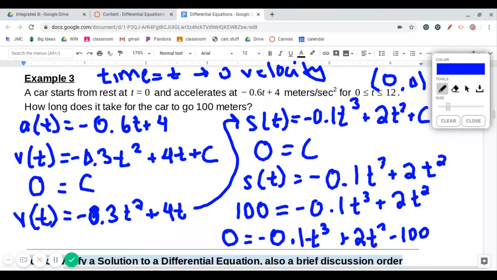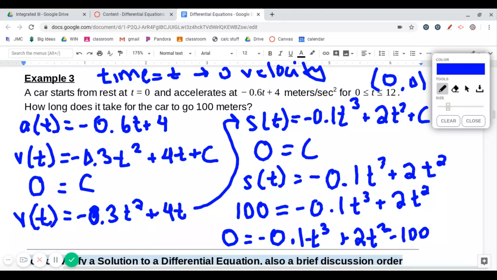So there is a formula, like the quadratic formula, the cubic formula. You can use that if you wish. Fun story about that: that's actually one of the origins of complex numbers, the discovery of the cubic formula.